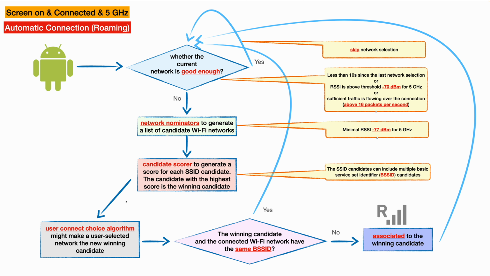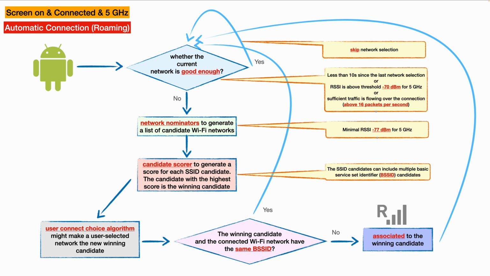Once it gets the candidate, it will run an extra step. It will check whether you have your preferred choice. The system may roam to the candidate which is not the best, but it's your preferred. That happens when you have a stronger access point, but it's broadcasting another SSID. You may not want to roam to that.